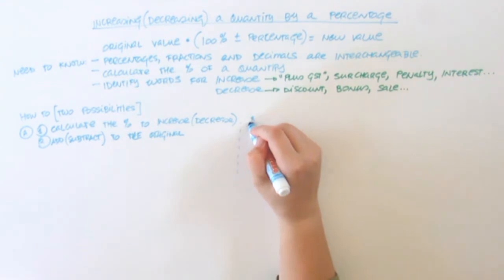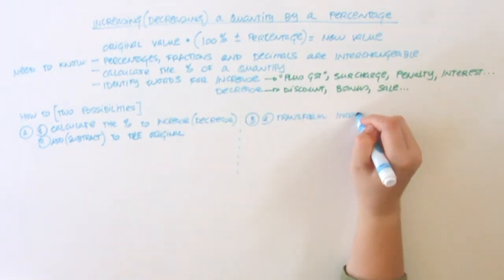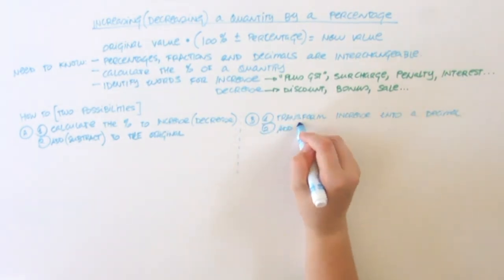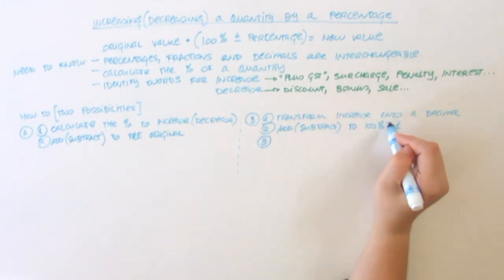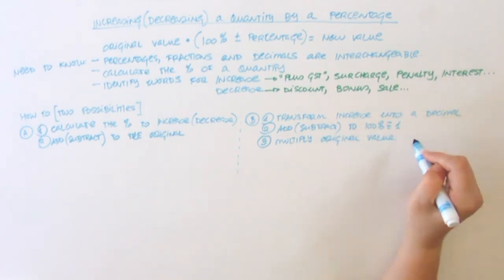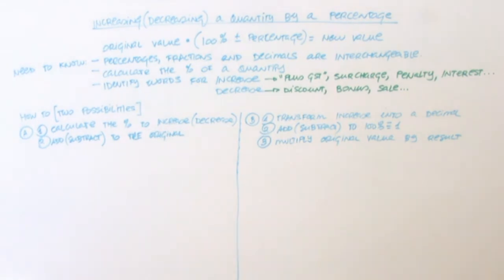The other option you've got is to transform the increase into a decimal, add it or subtract it to 100%, which would be 1, and then multiply the original value by that result. Either or, remember that you have to get to the same result. Let's see that in an example.